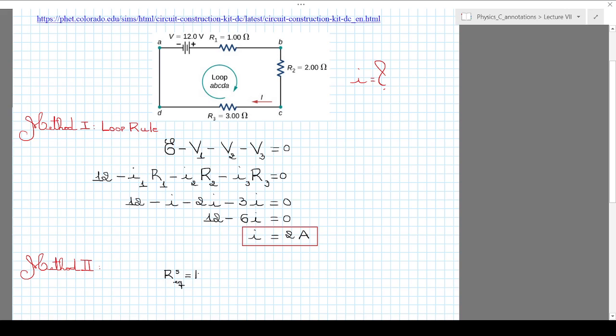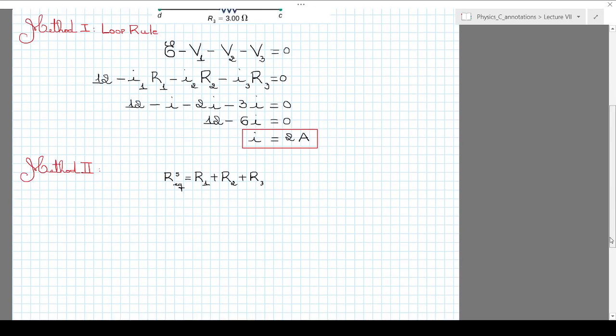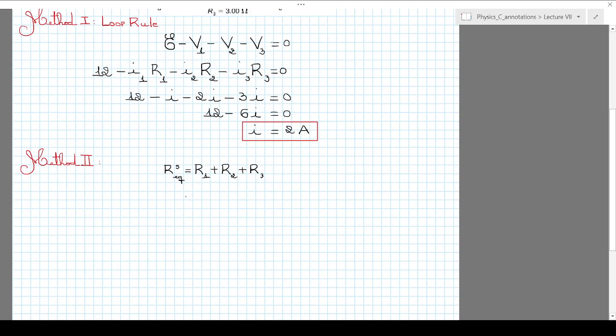This means I'm going to sum up R sub 1 plus R sub 2 plus R sub 3, and this is going to be 1 plus 2 plus 3 in our example here. So this equivalent resistance is 6 ohms.